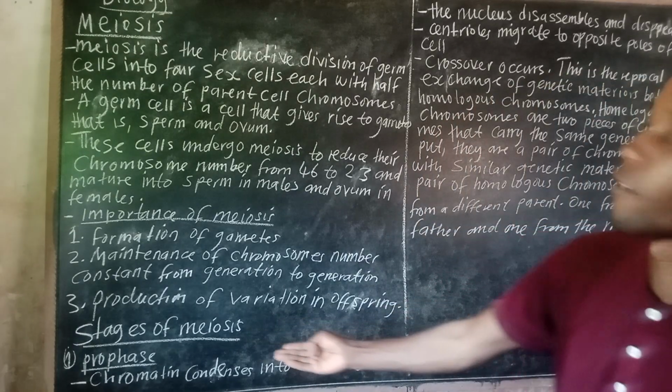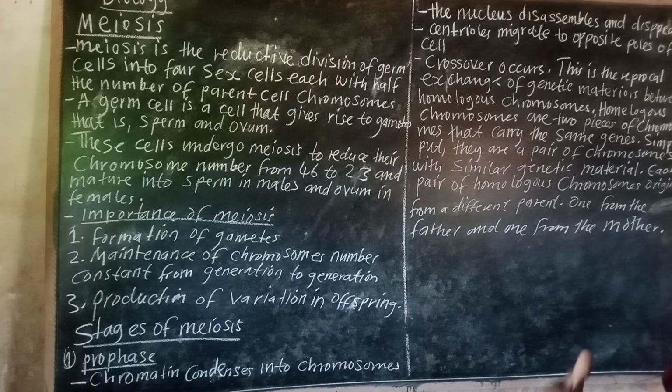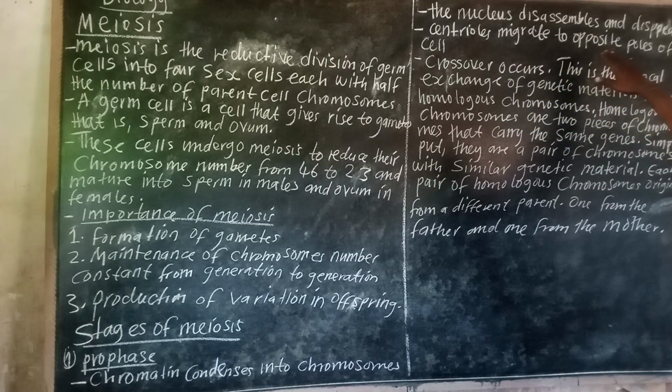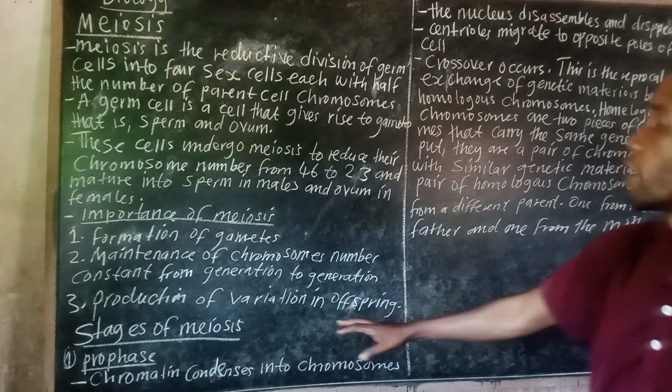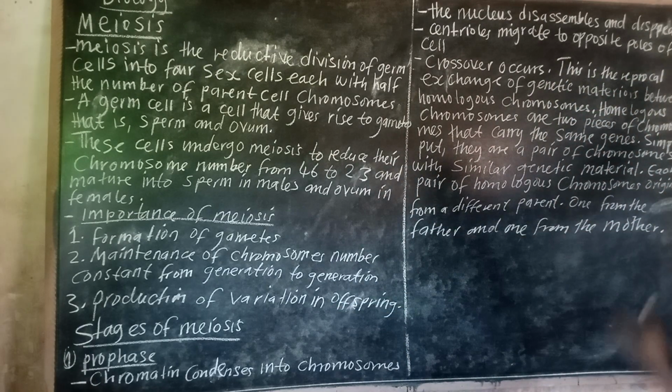Chromosomes under prophase. Then the other point under prophase: the nucleus disassembles and disappears. It is during this stage that the nucleus disassembles and disappears.